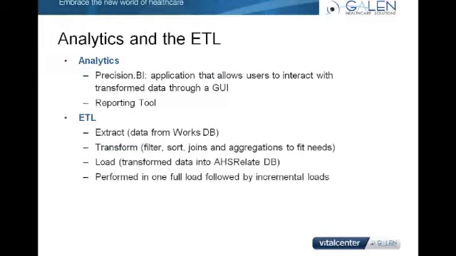How that is done is a fairly complicated process, but it filters, sorts, joins, and aggregates this data to fit the needs of what the analytics product is looking for. So it basically pulls a bunch of different tables together and reforms them in different formats that are easier to query off of through the analytics product. Finally, it loads it. It puts that transformed data into the AHS Relate database, which is the actual database that analytics works off of.